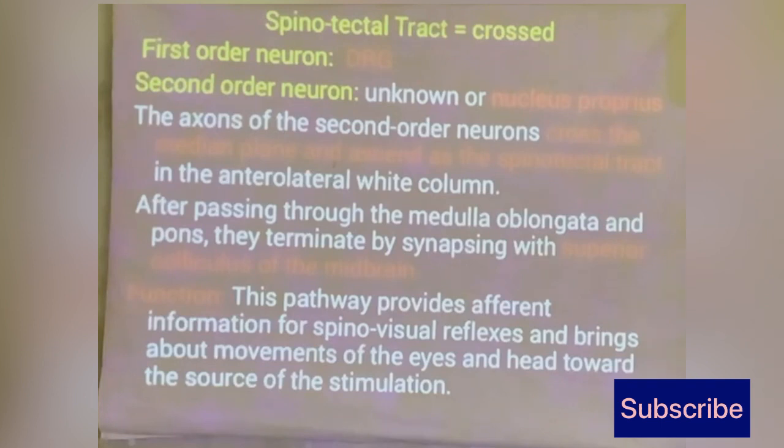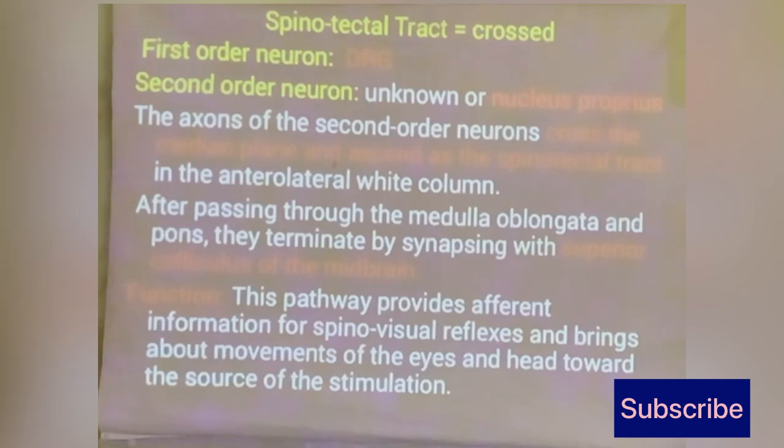You get my point? That means there are other nuclei in the posterior horn that are not known by the neuroanatomist. For other tracts, their second order neuron is shown when you do the sections and then you stain, you will see where they begin. But there are those tracts that pass through the posterior horn, but unfortunately the nuclei are not able to be appreciated. Probably the staining materials, we are yet to find those that can identify the second order neuron in there.